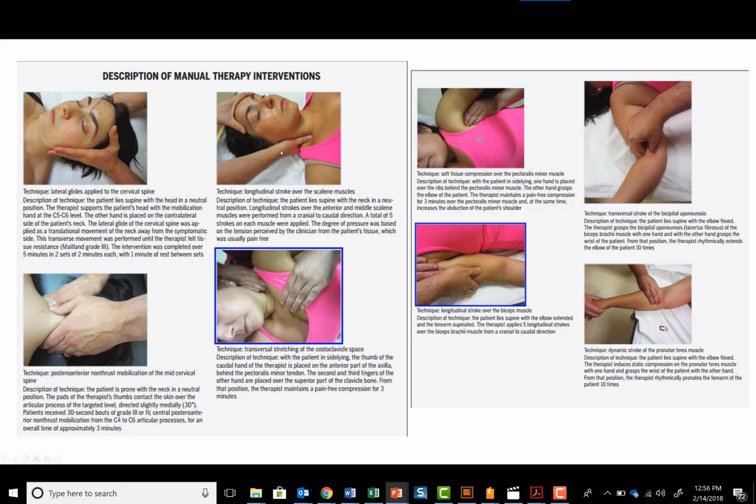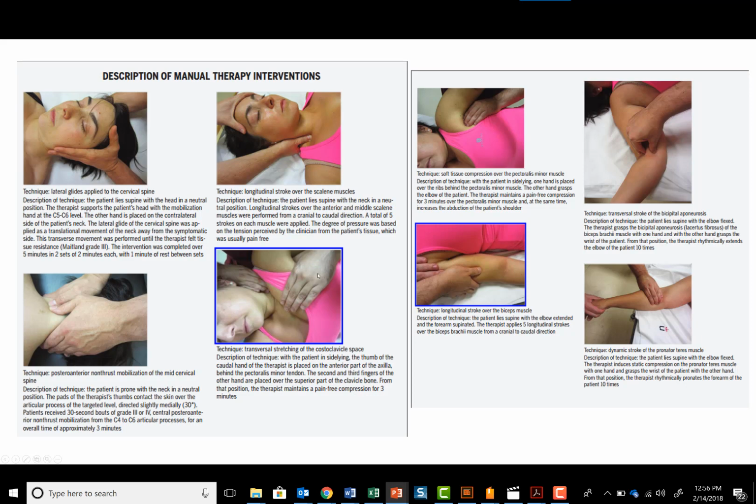They stretched the scalene muscle where the nerve comes out of the neck. They did mobilization, you know these from surface anatomy, posterior to anterior mobilizations in the mid-cervical. Here they're doing a transverse stretching of the area in the axilla where the nerve and pectoralis would be located.